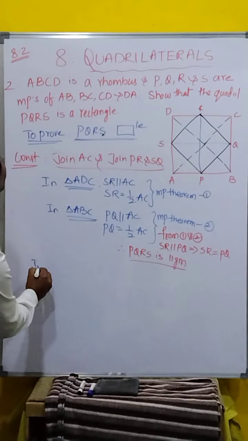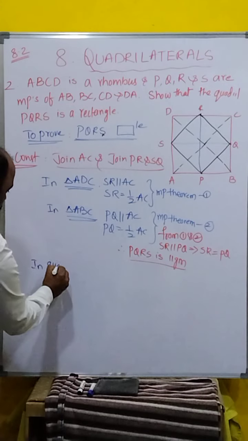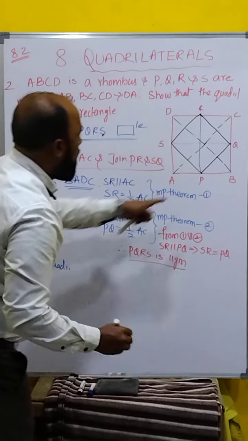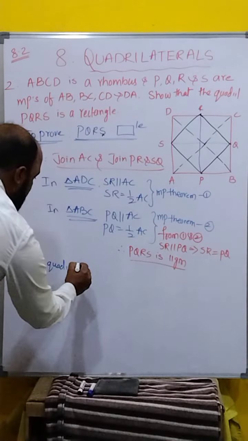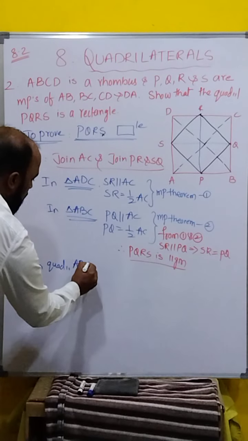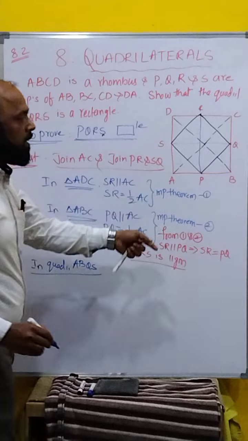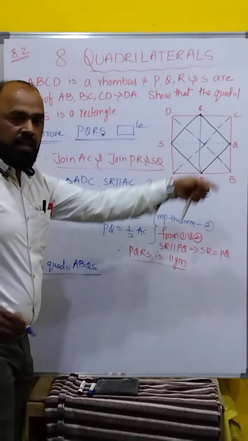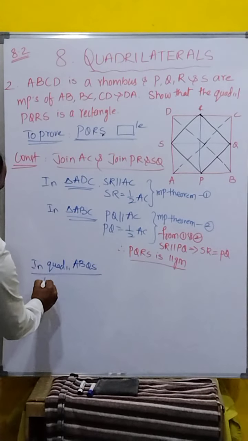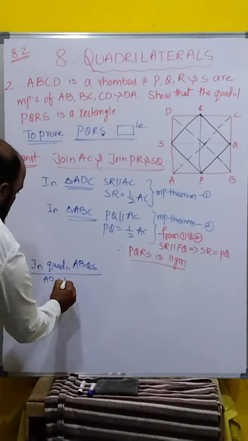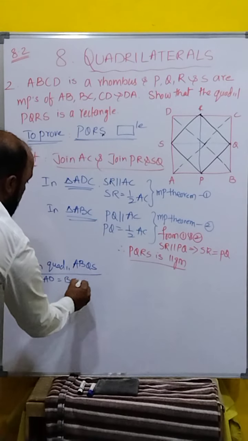Here in quadrilateral ABQS, observe that one. We know already AD is equal to BC. What is the reason?